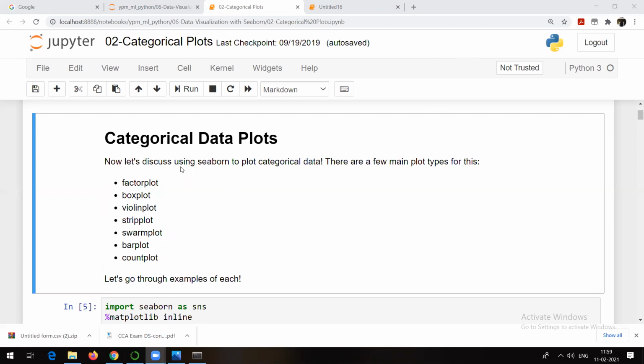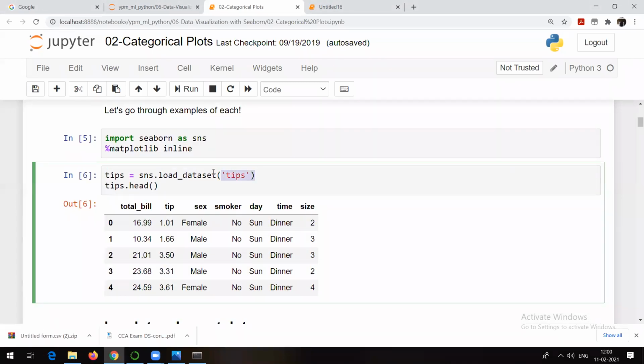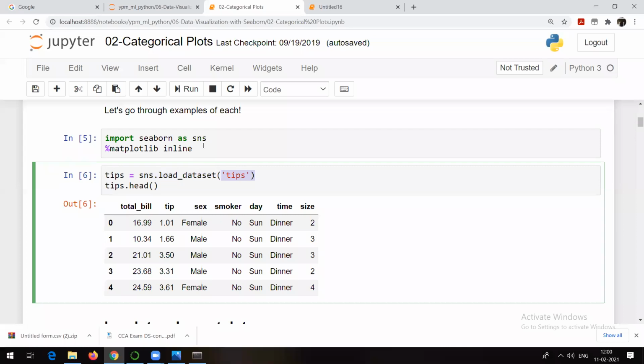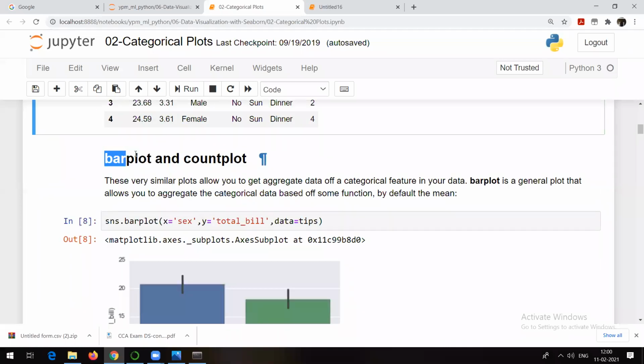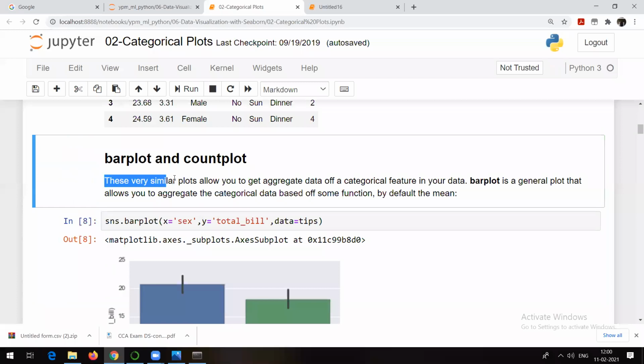Let's start our discussion with categorical data plots and understand the aspects related to that. Here also I am going to make use of the same data set. In this untitled notebook, I have already imported that particular data set, so there is no need to run this command. Let's move to the bar plot and count plot. These are very similar plots.